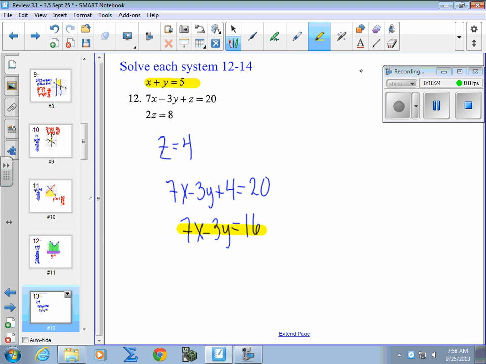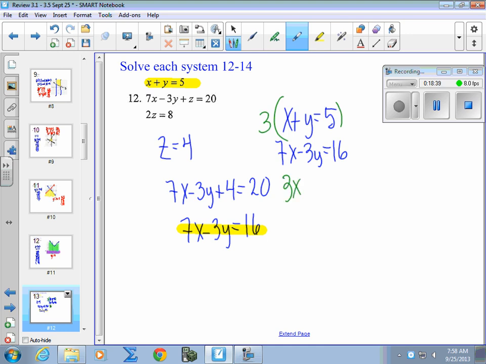And so we'll take those two equations. We have x plus y is equal to 5, and 7x minus 3y is equal to 16. So I would probably multiply the top equation by 3 to get 3x plus 3y is equal to 15. We can add these two equations together to get 10x is equal to 31.